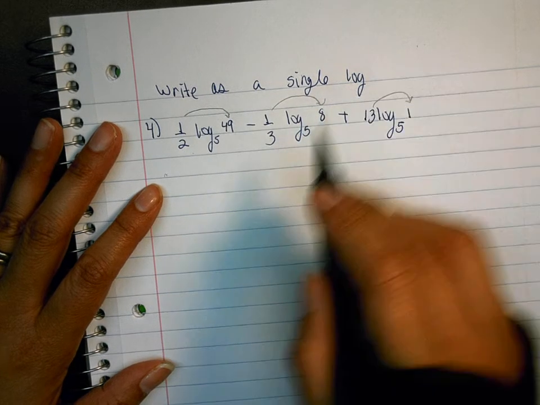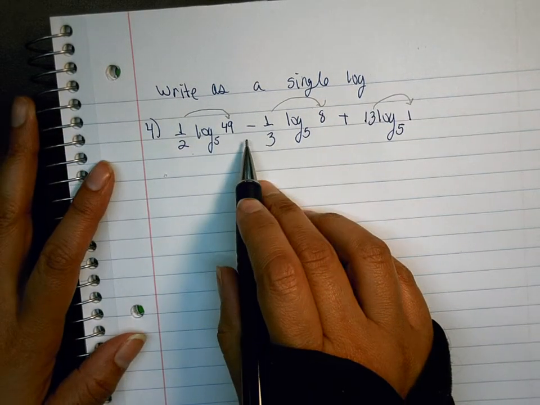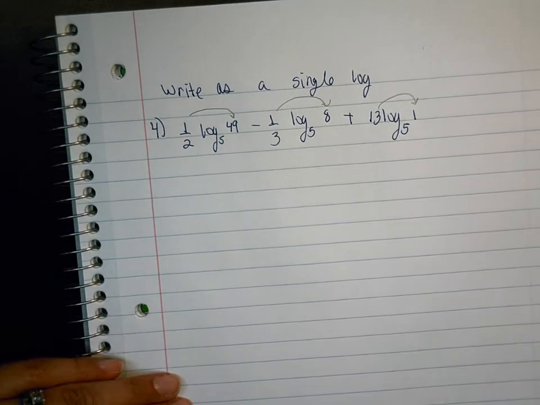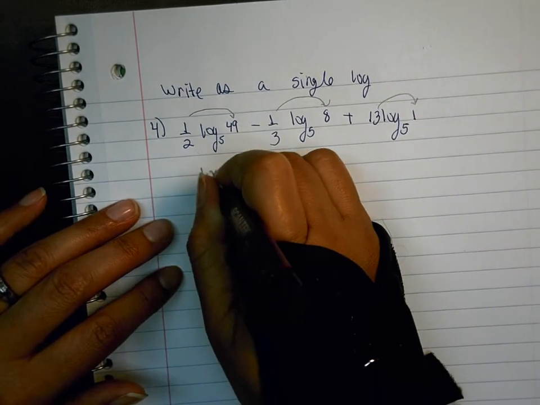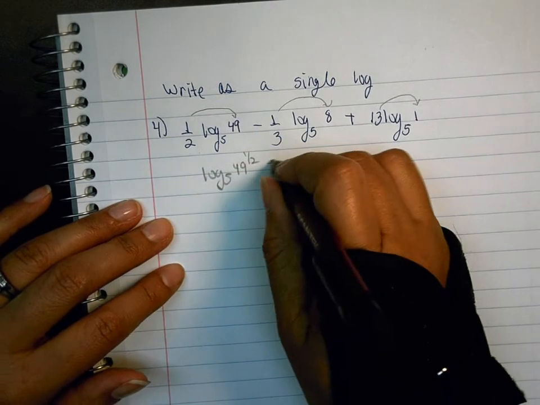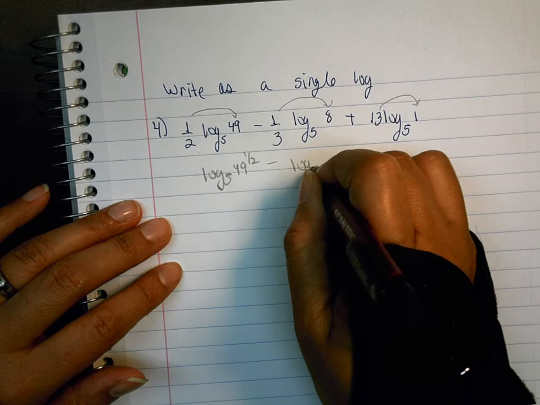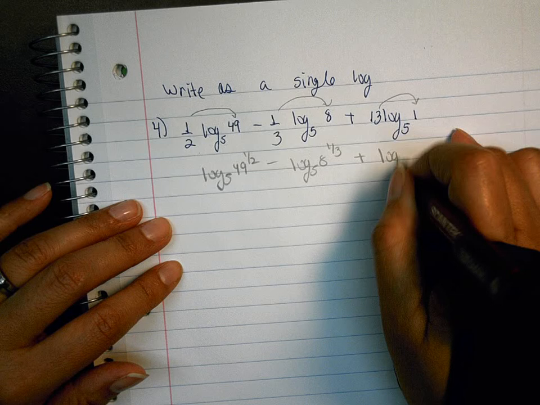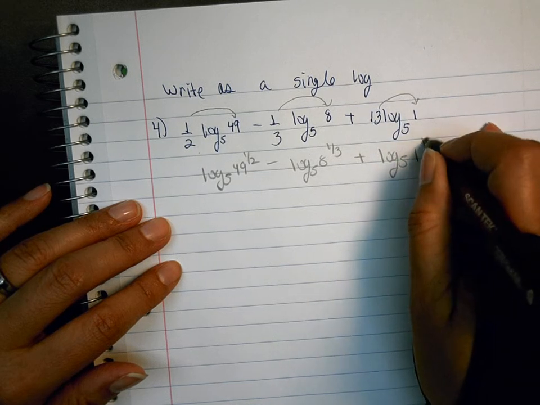Technically, you could bring up the negative sign and change that to plus, but that's just more complicated. Okay, so here's what it's going to look like. Log base 5 of 49 to the 1/2 minus log base 5 of 8 to the positive 1/3 plus log base 5 of 1 raised to the 13th power.